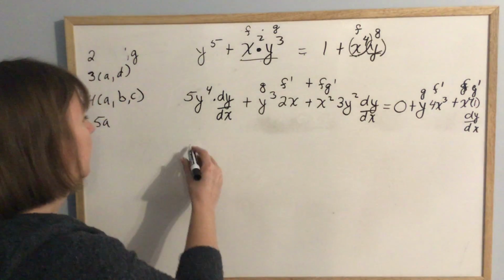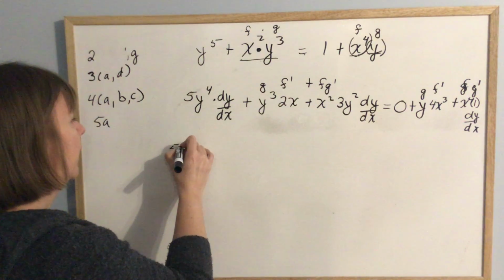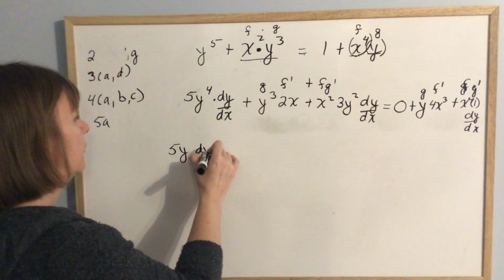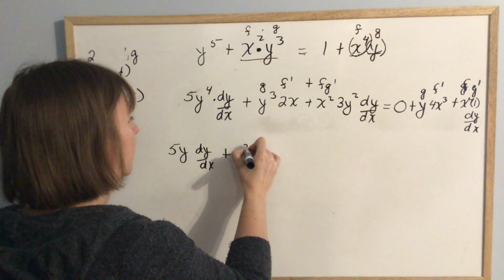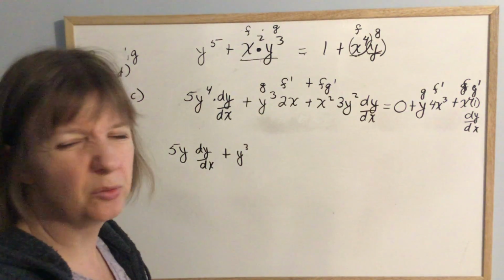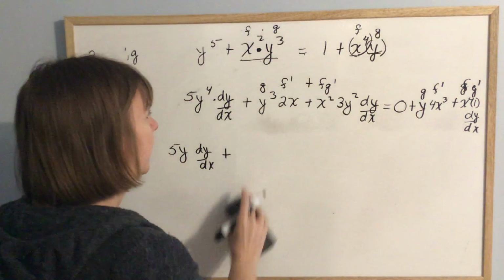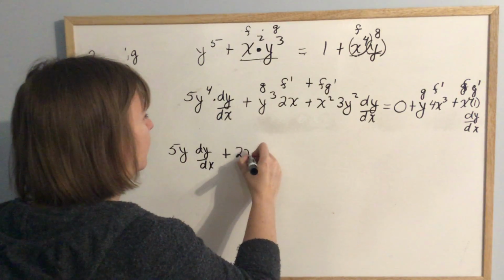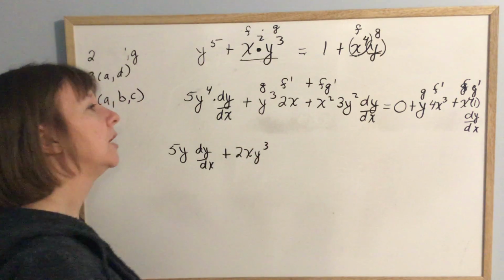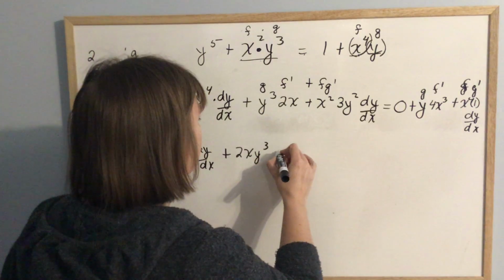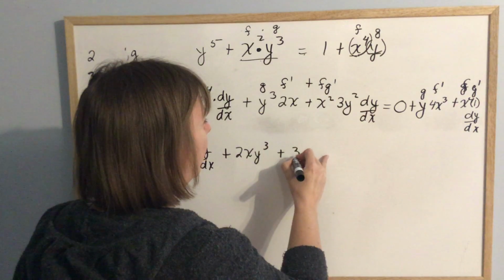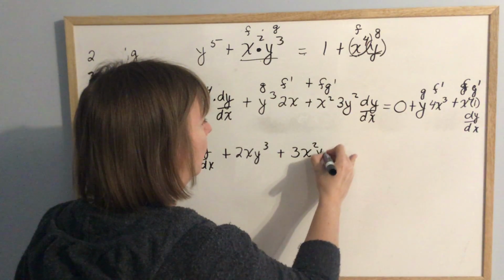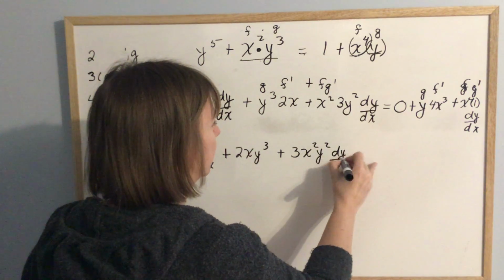So let me just, so I have 5y dy over dx plus y cubed 2x. I don't like it that way, it confuses me. 2xy cubed, that just makes me happier. And here plus, and again, I just don't like the 3 there, so I would write it 3x squared y squared dy over dx.